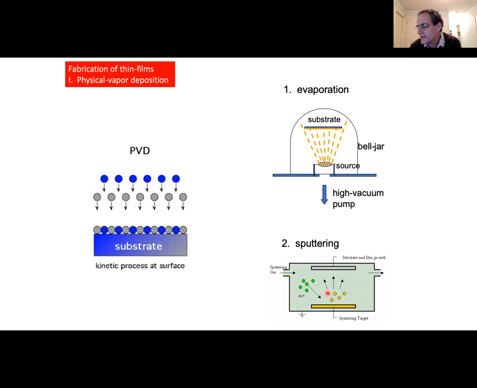And then some of this material will float around and end up on the substrate. That's sputtering. Sputtering sounds very dramatic, but it turns out that it's actually a more controlled process usually than evaporation, okay? And you can sputter lots of materials, even materials that are difficult to evaporate. But once again, you don't have that much control, and the films that are grown are almost always amorphous or polycrystalline.